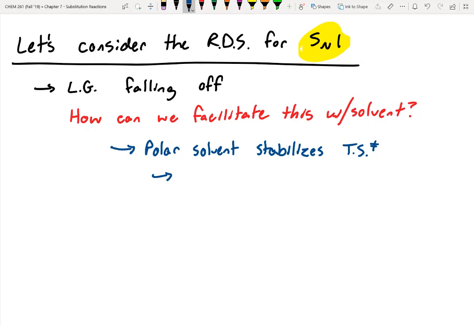We said H bonding is best. So getting back to our other point, H-bonding solvents are the most polar solvents we have at our disposal. It'll stabilize that transition state more, but there's also an additional feature going on. If we think about the leaving group falling off, is it good to have something H-bonding to that leaving group as it's falling off? Let's think about it.